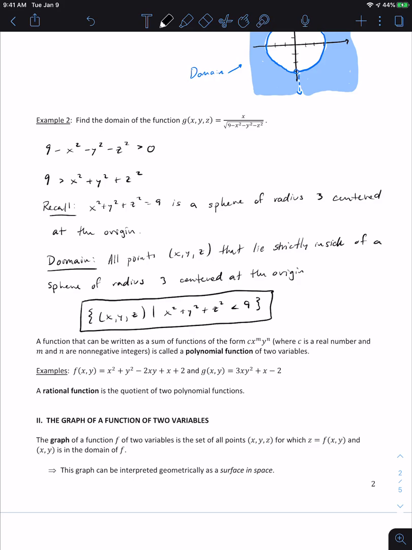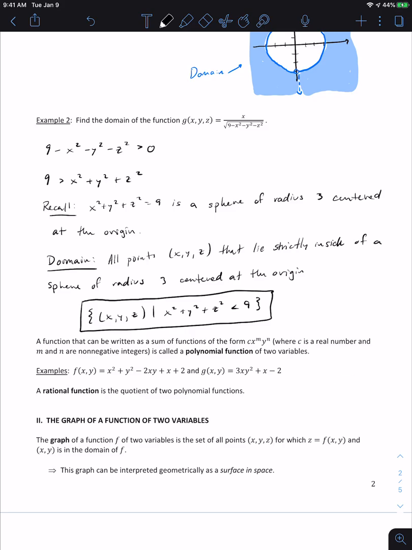A rational function is the quotient of two polynomial functions, right? So much like when we looked at rational functions of one variable, maybe like x squared plus 1 over x minus 2, right? That was a rational function of one variable because it had a polynomial on the top and a polynomial in the denominator. Same thing goes for polynomials of more than one variable.